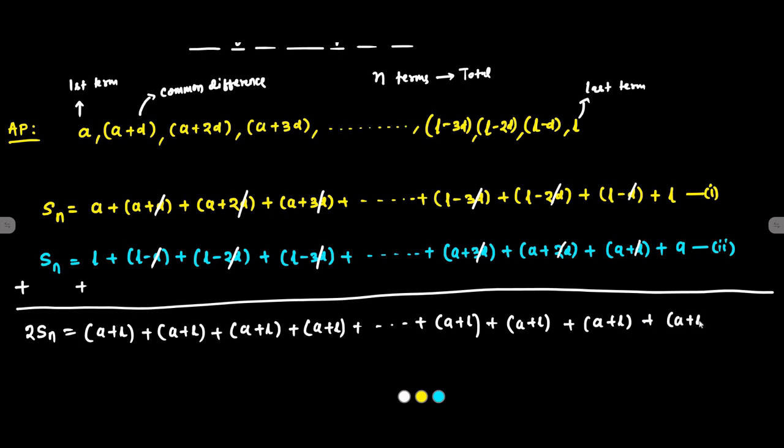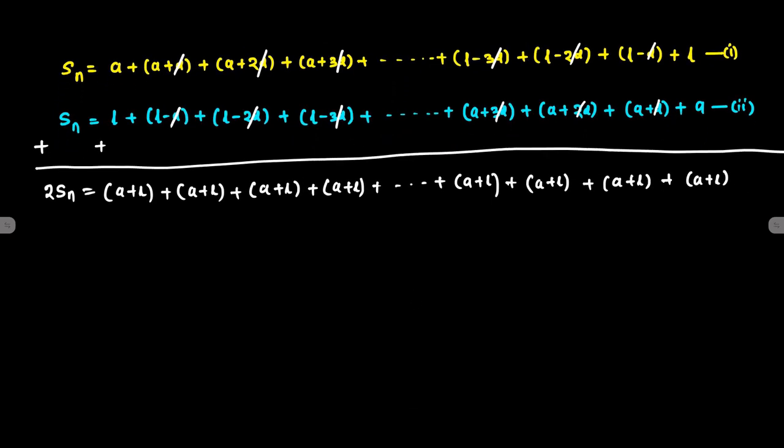So a total of n times this happens. This dot dot dot represents n times. A plus L is the total number of A plus L terms that are present in this sum. It is n times, because there are n number of terms in each.